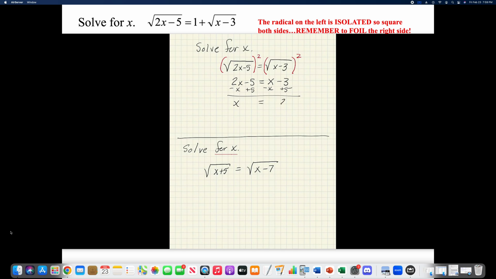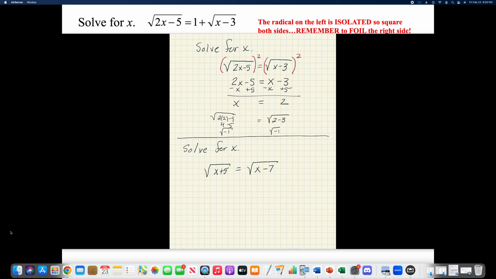and I get x is equal to 2. And if you want to check that real quick, the square root of 2 times 2 minus 5 is equal to the square root of 2 minus 3. We get 4, wait a minute, that's a negative 1.